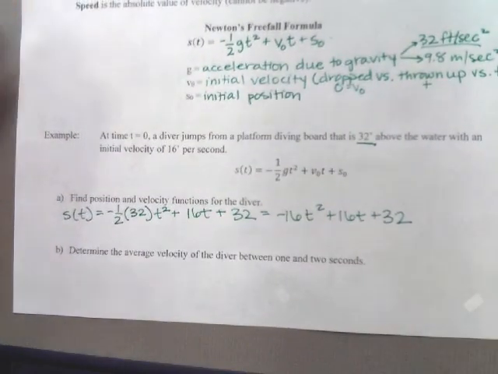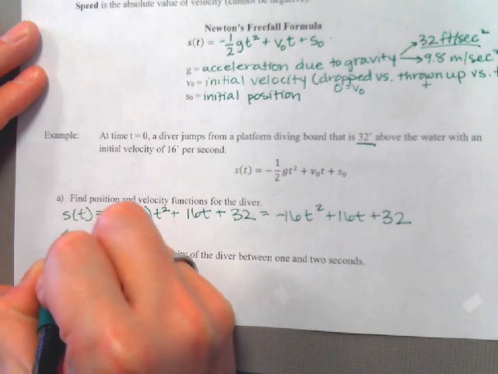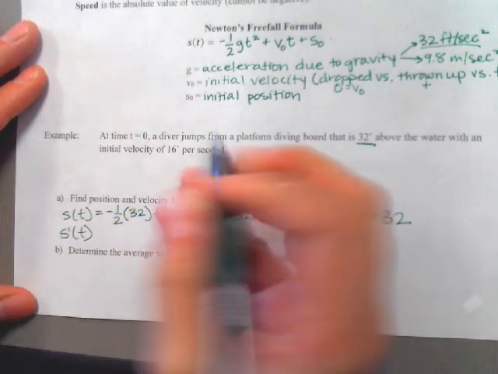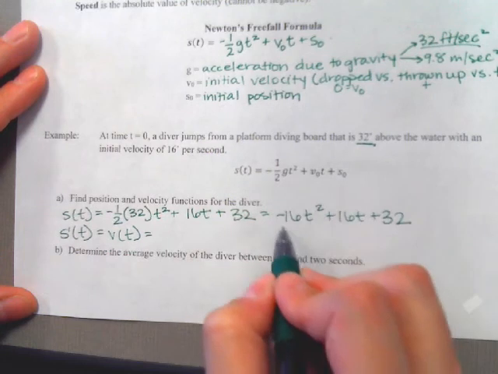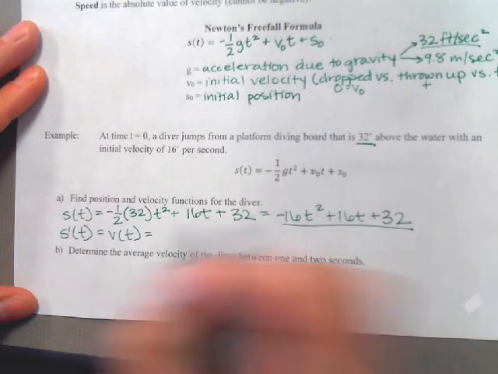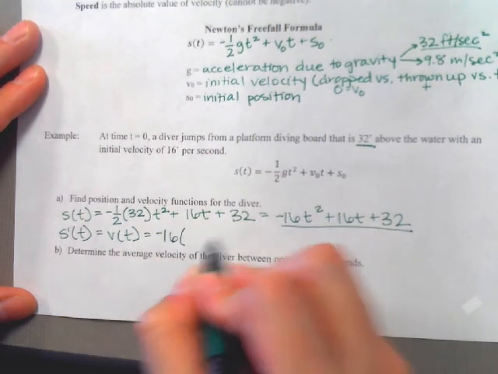Now we need to find a velocity function. Remember, velocity is the first derivative of position. So thinking back to what we did yesterday with derivatives, first derivative of position is velocity.